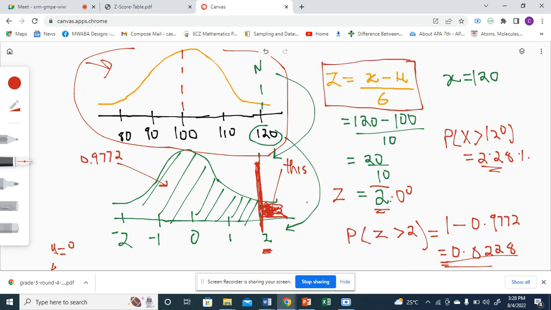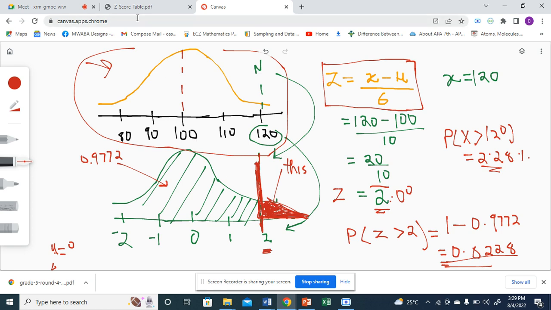You're talking about this region here, which I've shaded in red. This is the probability greater than 2.